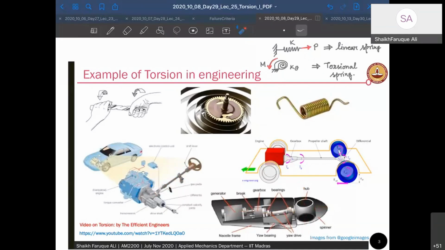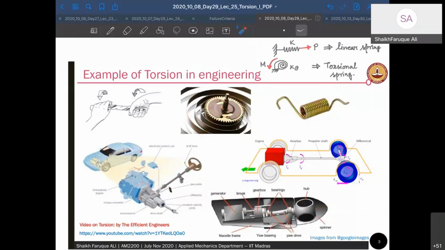Here is a car where the wheel is moving. So this is a shaft. We also use torsional members in analog clocks, which were used in the old days. Many of you may have analog clocks in your houses also, where we twist and we store potential energy in this torsional spring, and then the spring slowly releases energy and your clock turns.